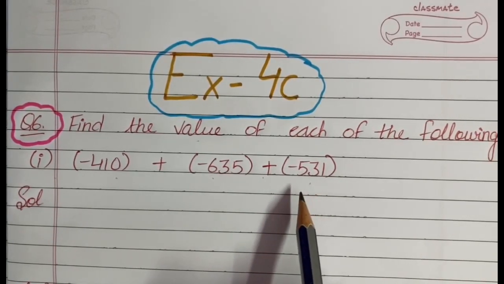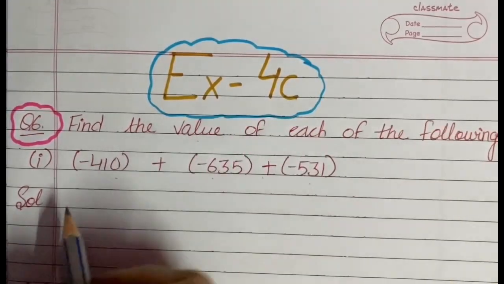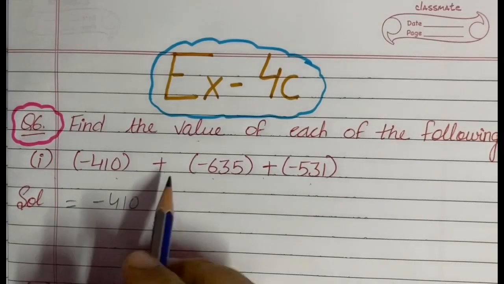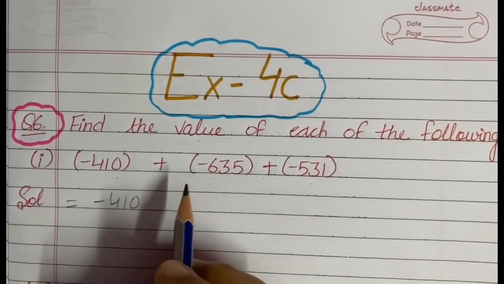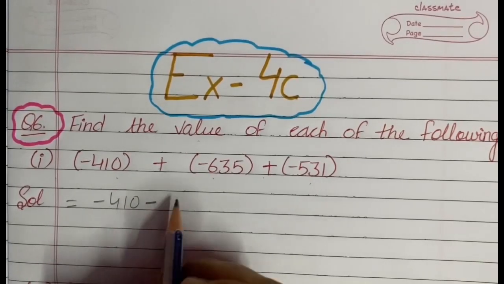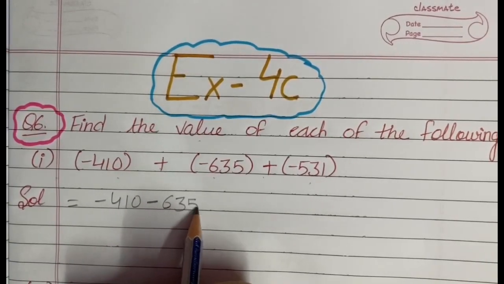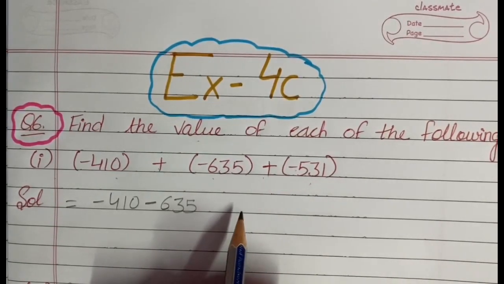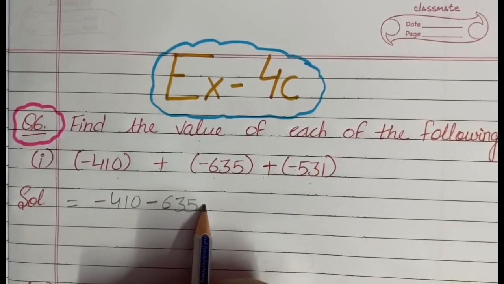Firstly we will write minus 410 as it is. Now this plus minus will become minus, so here we will write minus sign, minus 635. Again this plus minus will become minus, so here we will write minus 531.